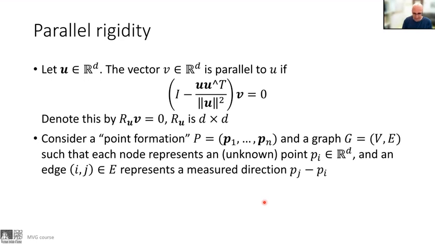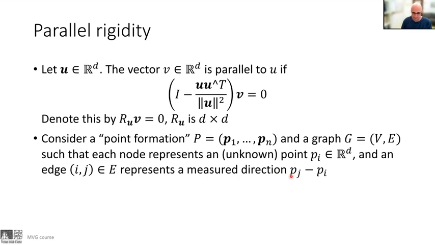Now let's consider what we call a point formation. These are endpoints P1 to Pn, and there is a graph G, such that each node represents the unknown point position Pi, and an edge ij represents a measured direction Pj minus Pi.